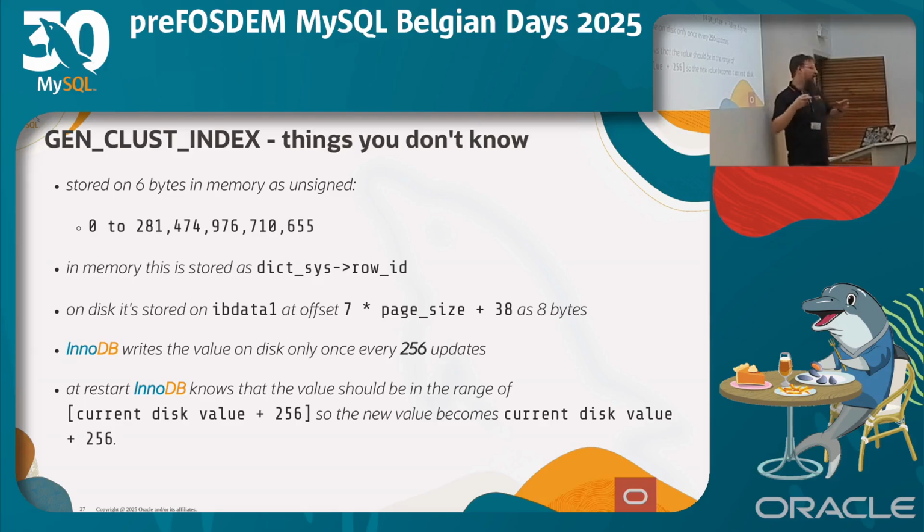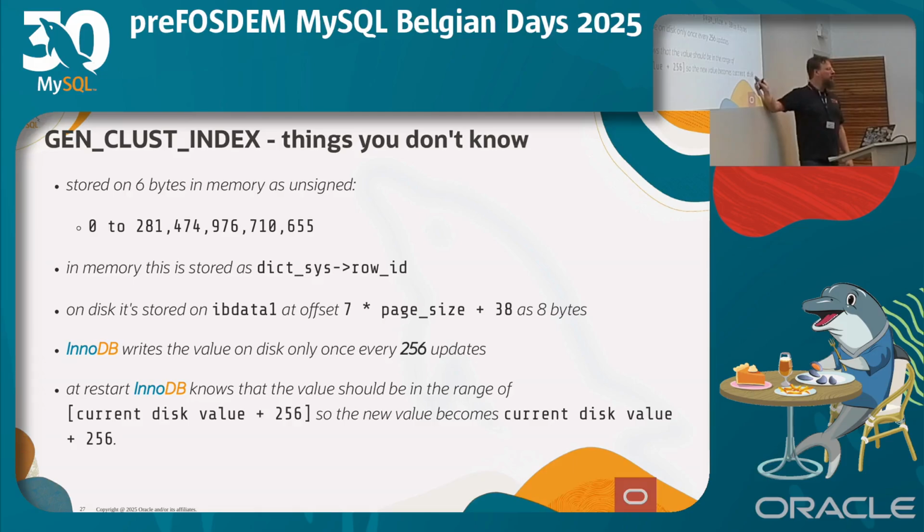So the next value will be the value we have on disk plus 256 at restart, to be sure that we don't have a duplicate primary key. So it's more fun, let's say like that.